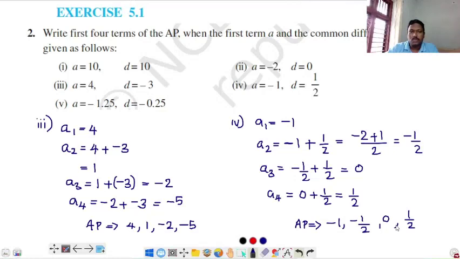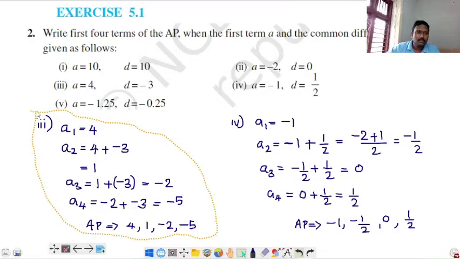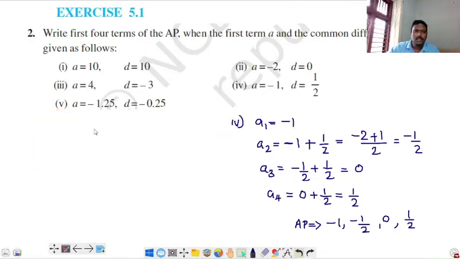Now let us move to question number 5. What is question number 5? In question number 5 we have A is equal to minus 1.25.